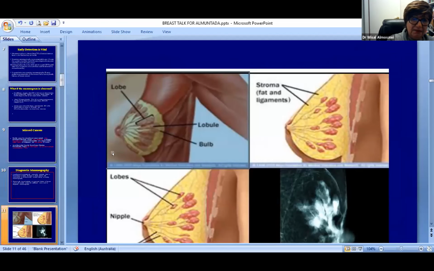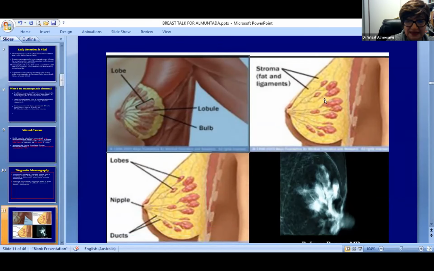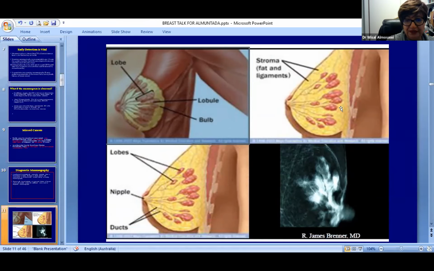Just an anatomy picture, just a simple picture. I mean, all of you know that, but the breast is made of a nipple, retroareolar ducts, intramammillary ducts, and lobes, which contain many lobules inside. And usually the tumors are either intraductal, inside these ducts with calcification, or lobular, so they develop in these lobules.